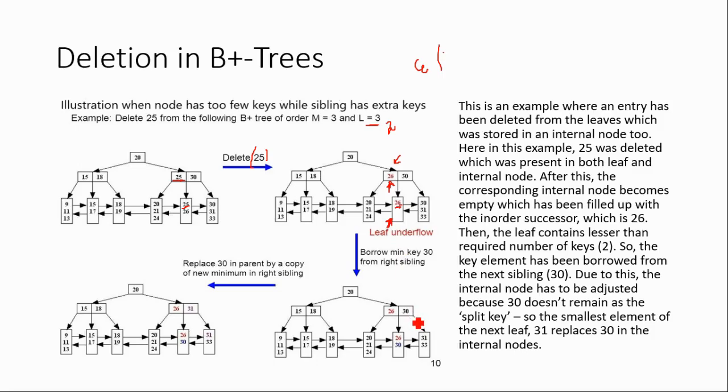Then there is a problem. The minimum number of elements that can be stored in any of the leaves has to be 2, as we have seen. So what do we have to do? We have to borrow from somewhere. Here they have borrowed it from the right.